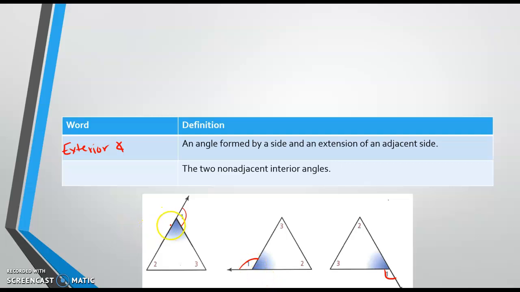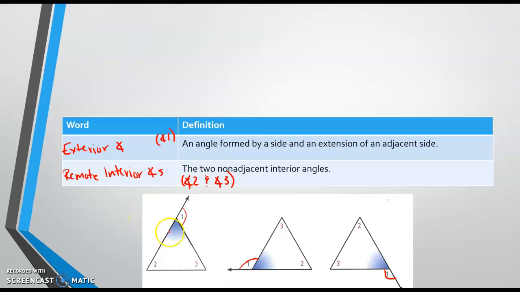Two non-adjacent interior angles, we call these remote interior angles. So for each of these triangles, angle 1 is the exterior, and angle 2 and angle 3 are remote interior angles.